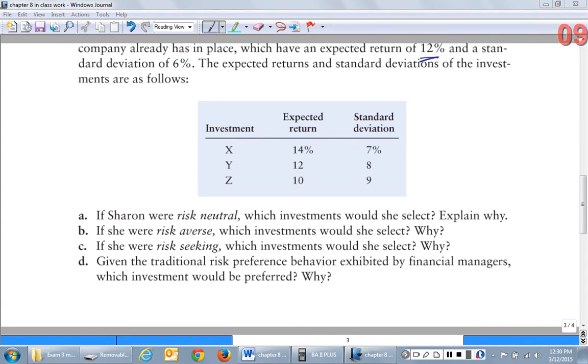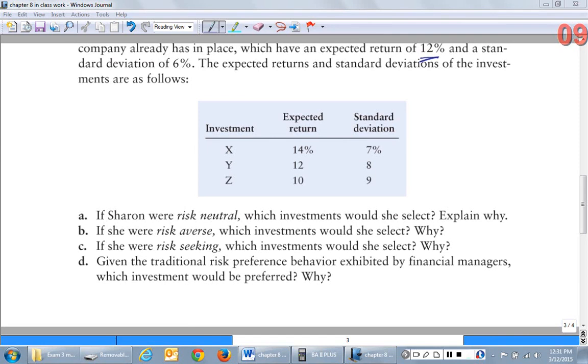So she wants the highest level of return that she can with the lowest level of risk possible. Looking at these investments, we see that asset X has the highest return, and it also has the lowest level of risk as measured by the standard deviation. So she would choose asset X.